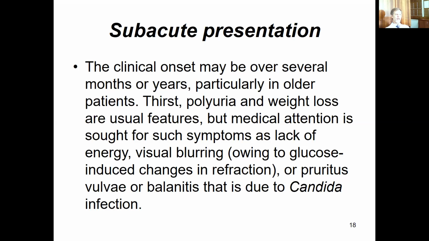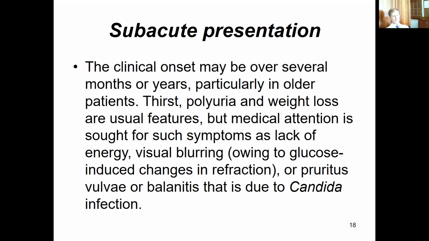In case of subacute presentation, this is typical for type 2 diabetes. You know, if you ask patients with type 1 diabetes about the beginning of the disease, the onset of the disease, in most cases they can tell you when they became ill.